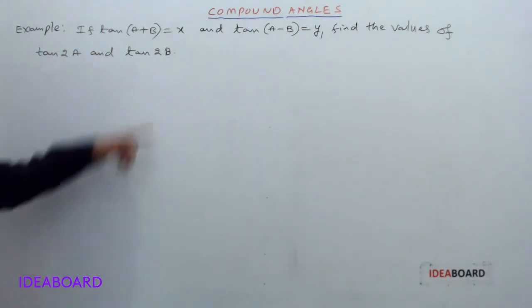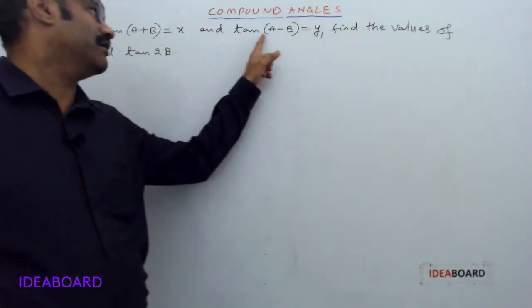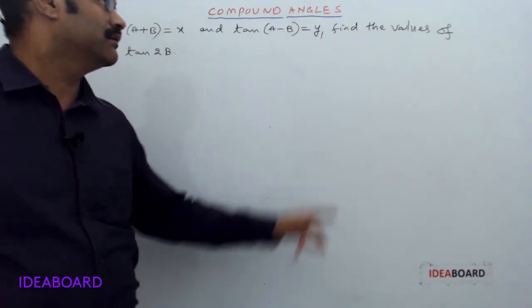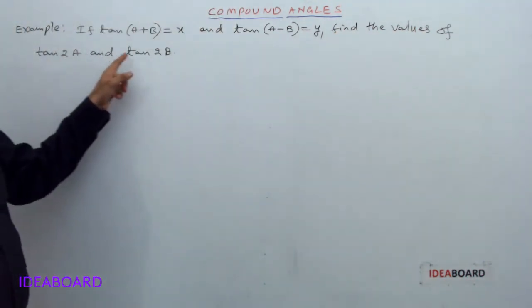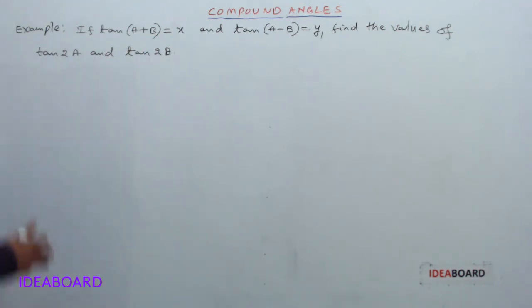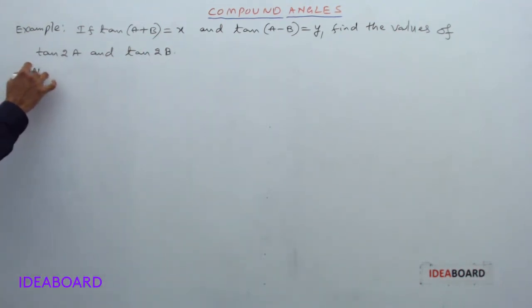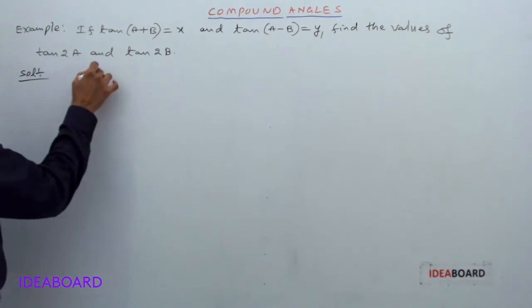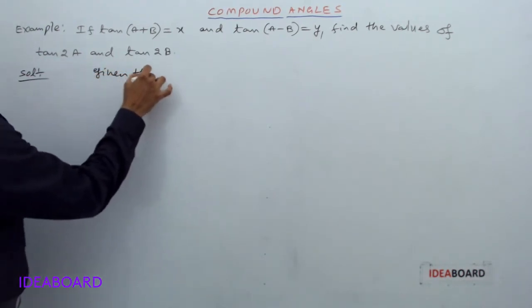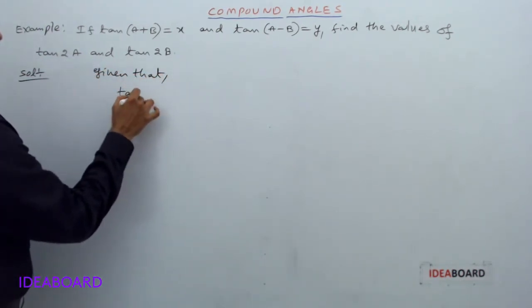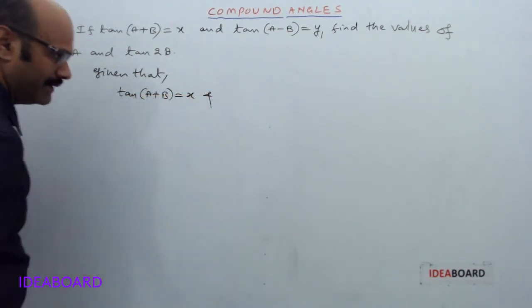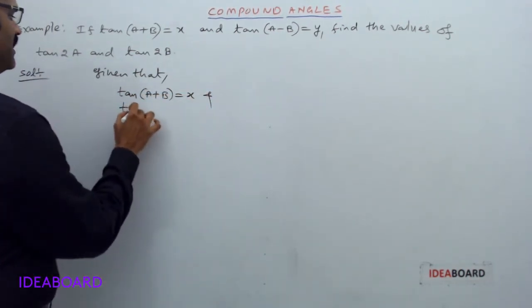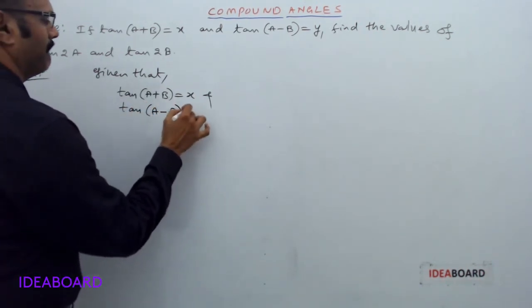If tan of a plus b equal to x and tan of a minus b equal to y, find the values of tan 2a and tan 2b. Solution: given that tan of a plus b equal to x and tan of a minus b equal to y.